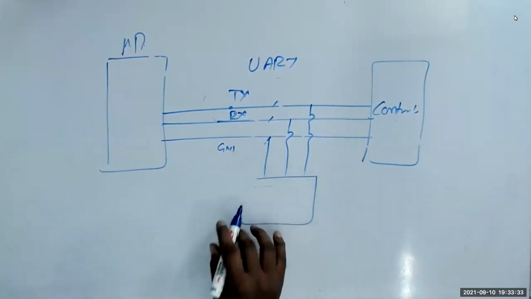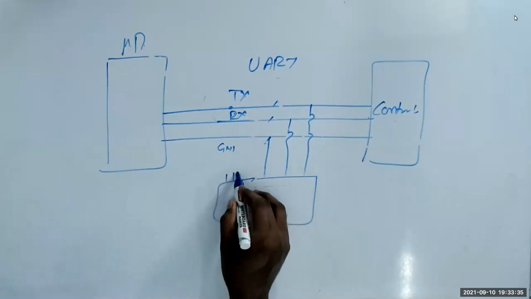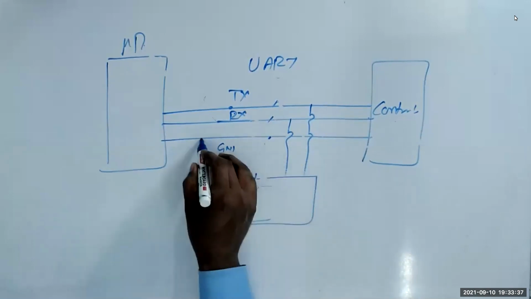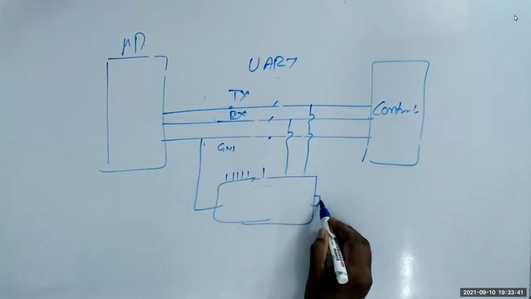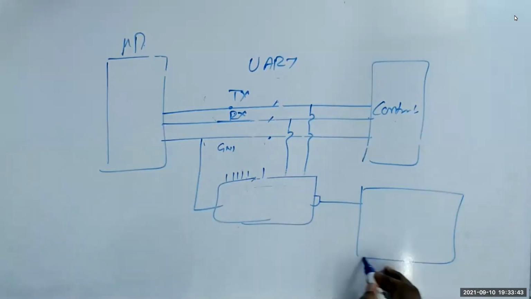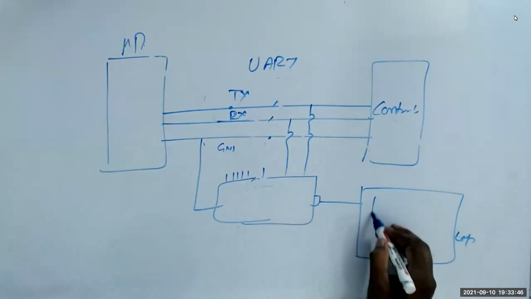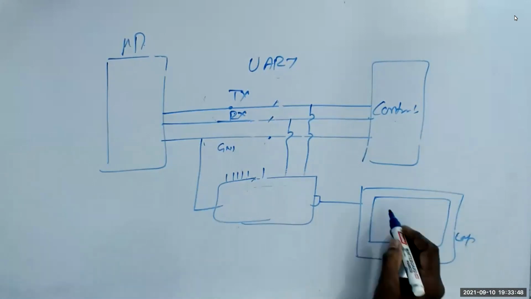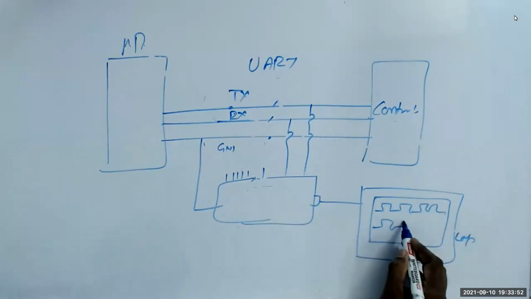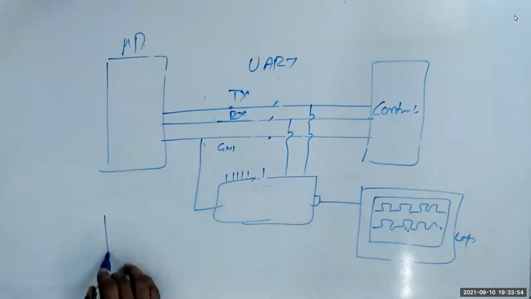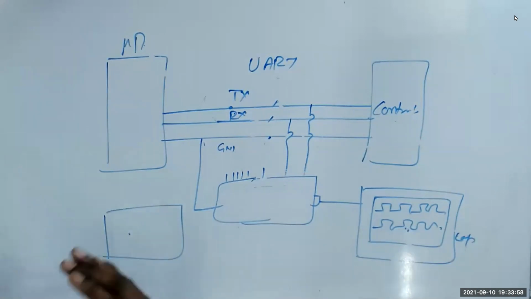You can have 8 pins, a few more, and the ground will be connected here. So 8 signals, and this goes by USB to the laptop. On the laptop, you have software that displays it. Even standalone logic analyzers are available, but they are quite expensive.